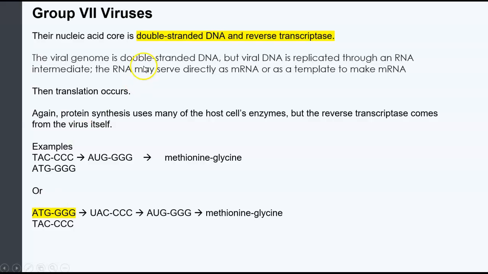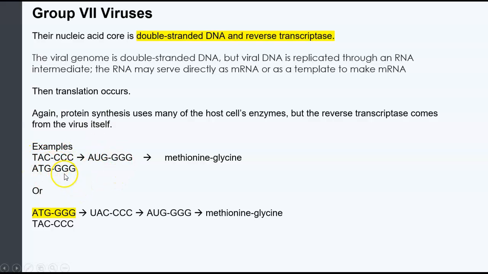In fact, let's read this. The viral genome is double-stranded DNA, but the viral DNA is replicated through an RNA intermediate. The RNA may serve directly as messenger RNA or as a template to make messenger RNA. So your examples can look very similar to this, which would be without an RNA intermediate.